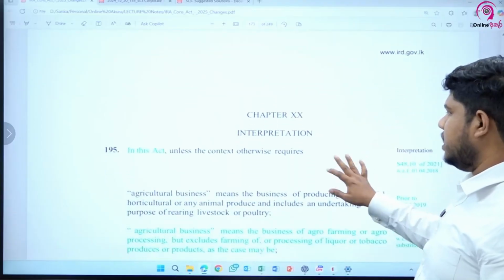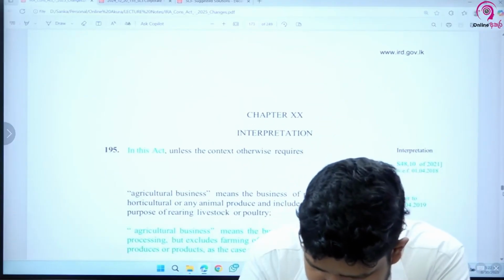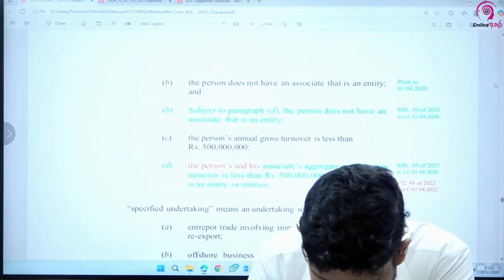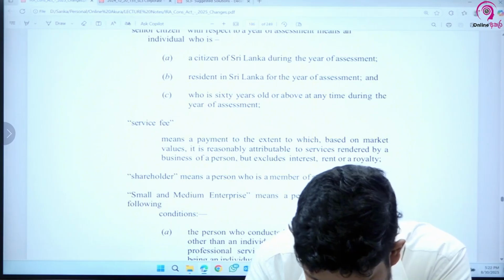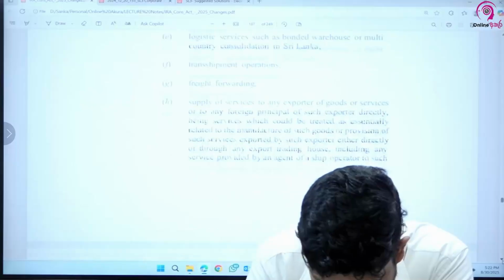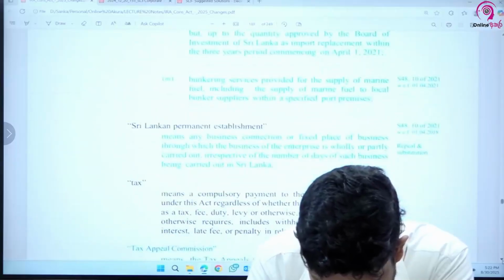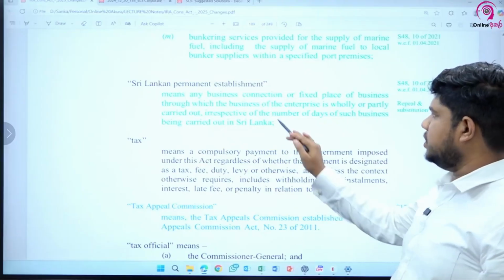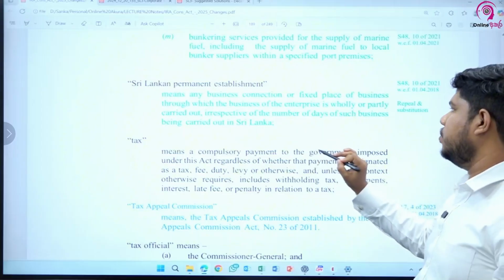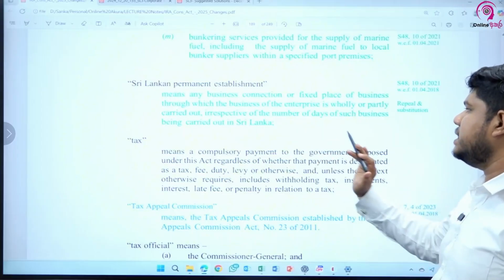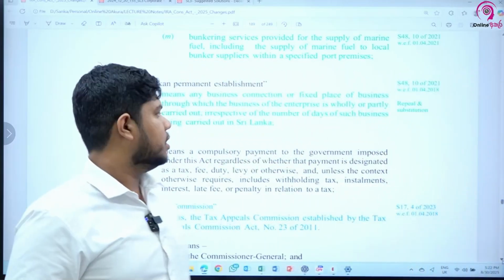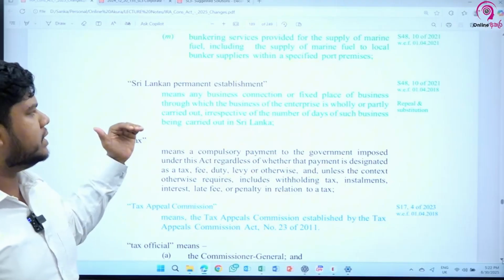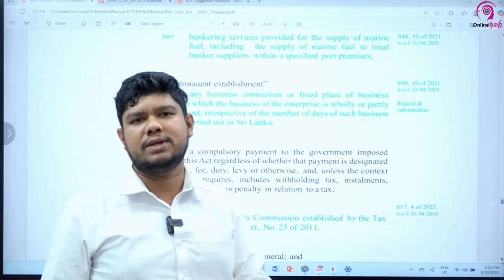As I explained, in this act, unless the context otherwise requires, it is defined as a Sri Lankan permanent establishment: any business connection or fixed place of business through which the business of the enterprise is wholly or partly carried out, irrespective of the number of days of such business being carried out in Sri Lanka. Right? So, PE basically means a fixed place of business through which the business of the enterprise is carried out. Fixed place of business in Sri Lanka.